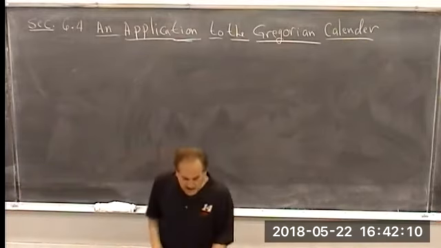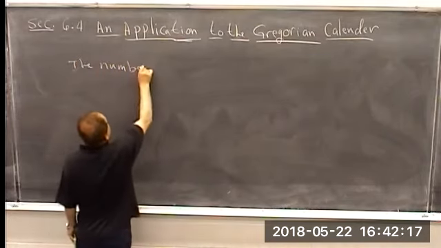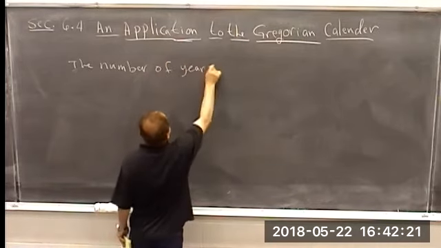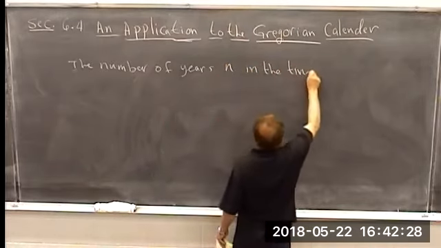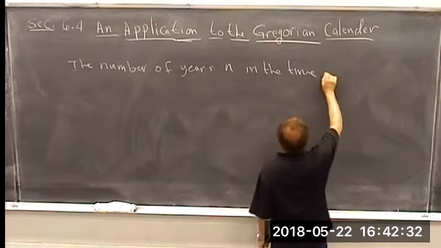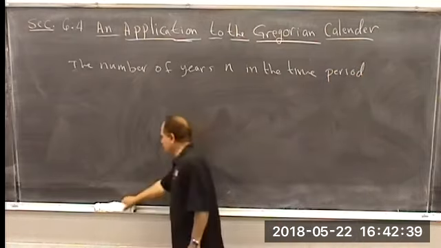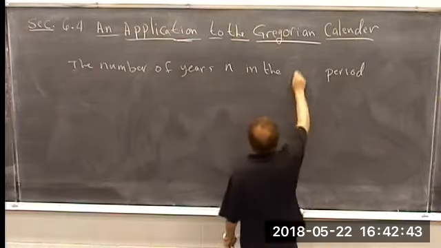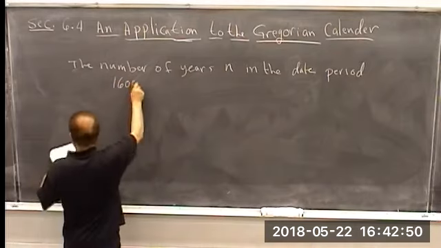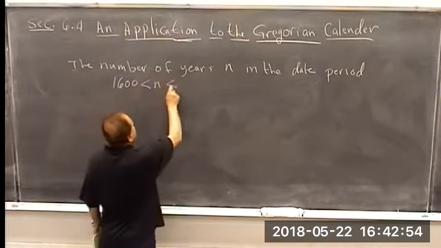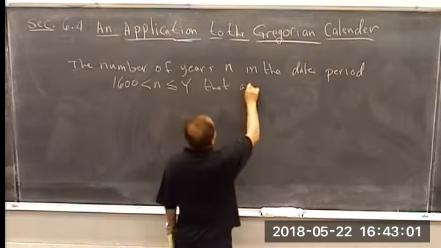So first, the total number of years in the date period between 1600, exclusive, and I'll include y, that are leap years.